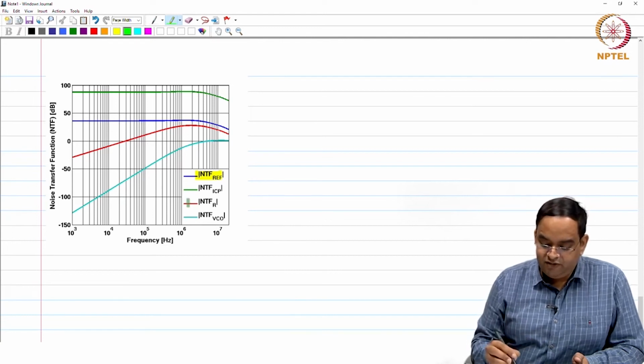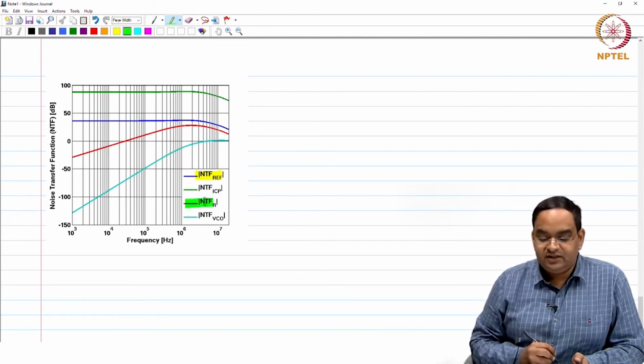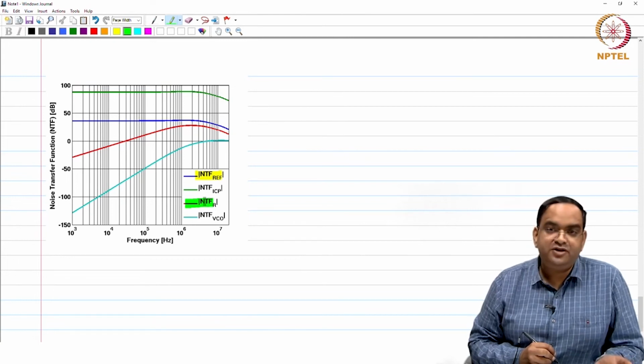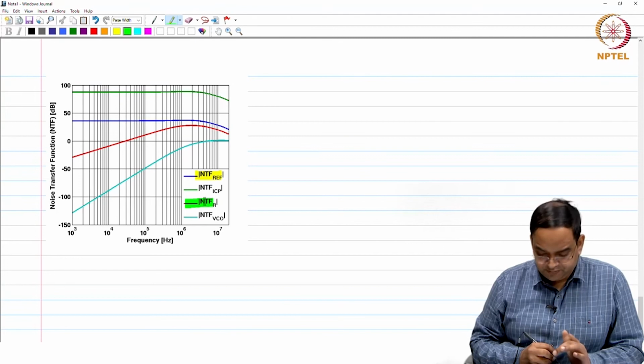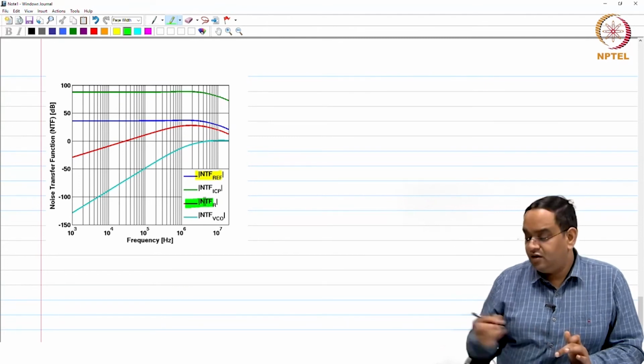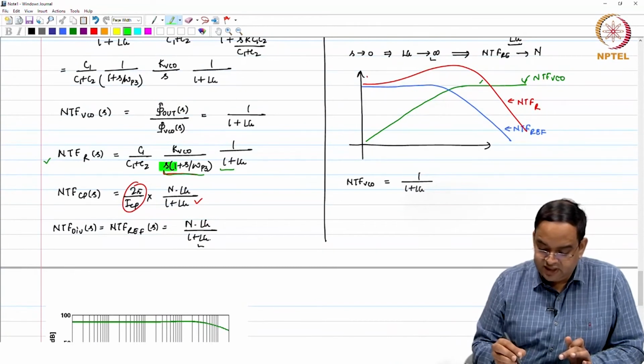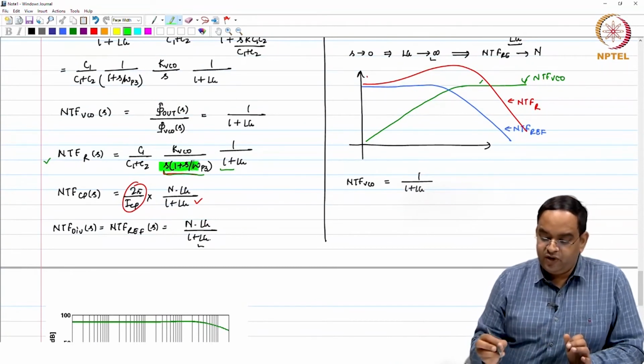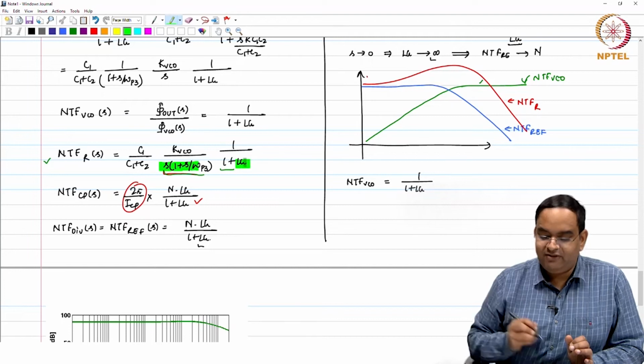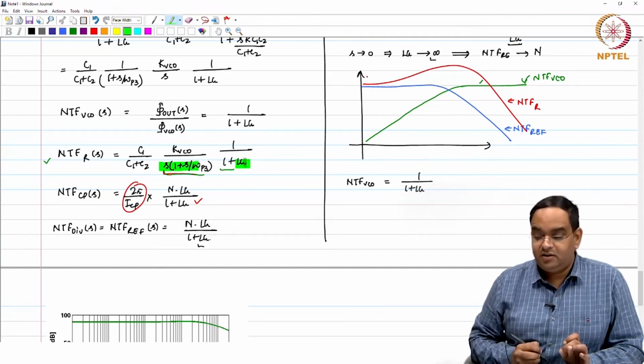Okay. NTF of resistance. So, NTF of resistance we were looking at that it should be a kind of a band pass transfer function. It depends on which has a higher order. So, let us look at it. This term is having a second order, whereas loop gain term is having a third order, right.